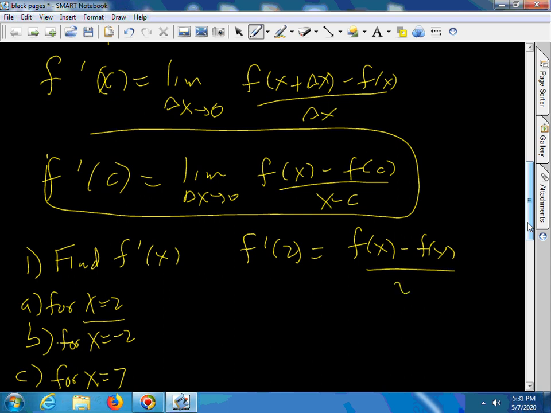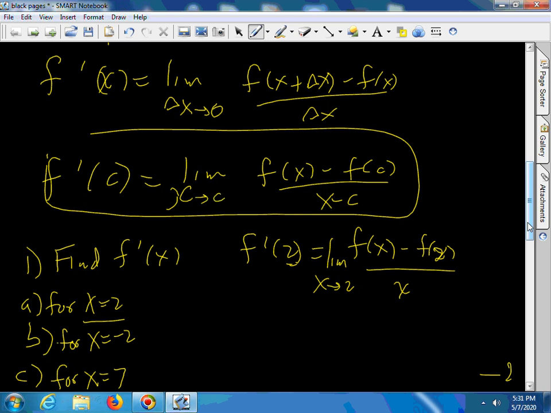over x minus 2, and I meant to write the limit as x goes to c, which is 2. And I realized I didn't write that here. The limit as x goes to c.